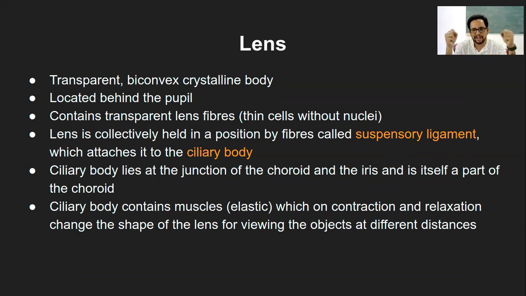Or if they are contracting, the lens is getting pulled sideways, so the lens will become more and more flat. That is just to view objects at different distances. That part we will also see later when we look at myopia and hyperopia. There we will see what happens when we change the lens shape.